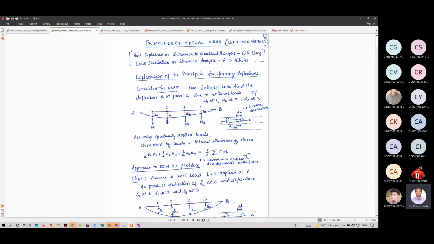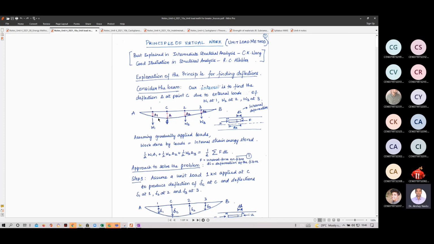What is the concept? See, this Castigliano's theorem and the virtual work principle or unit load method, the advantage is that anywhere I want to find the deflection, there I'll apply a force and find a deflection.